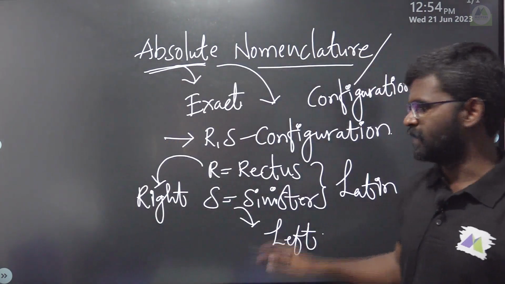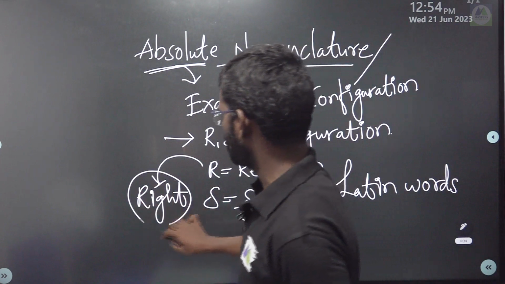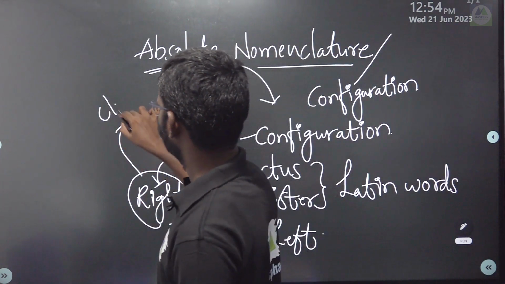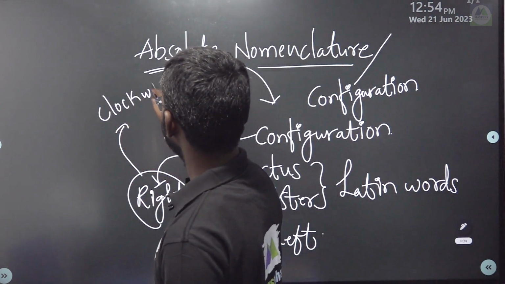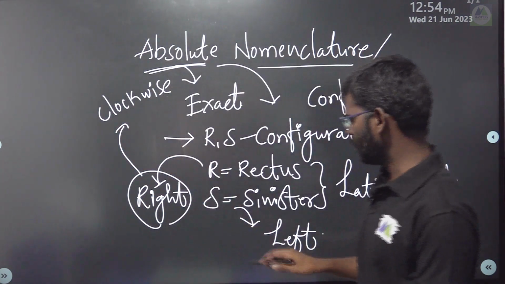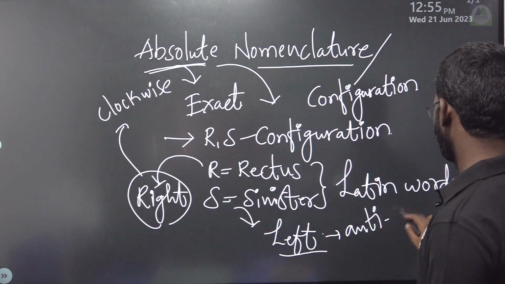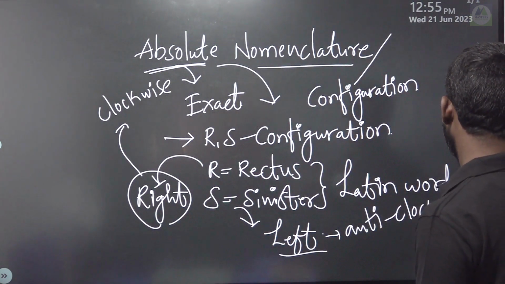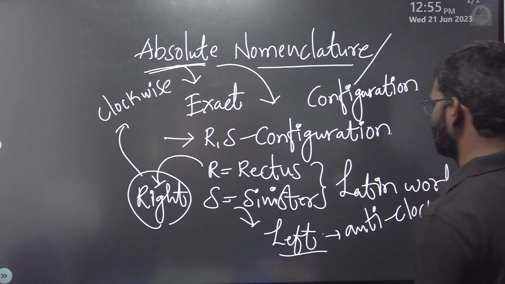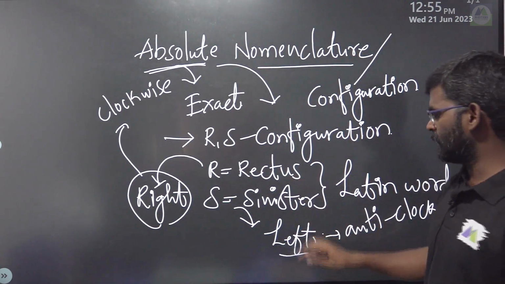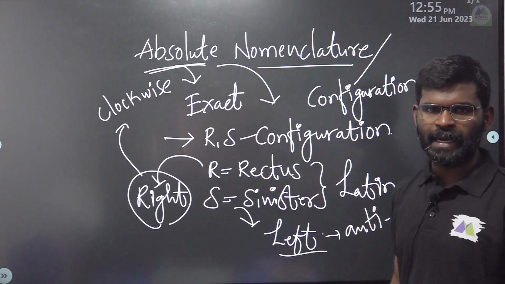In general terminology, right means clockwise direction here, so automatically left means anti-clockwise direction. RS, rectus, sinister, clockwise, anti-clockwise, right and left.